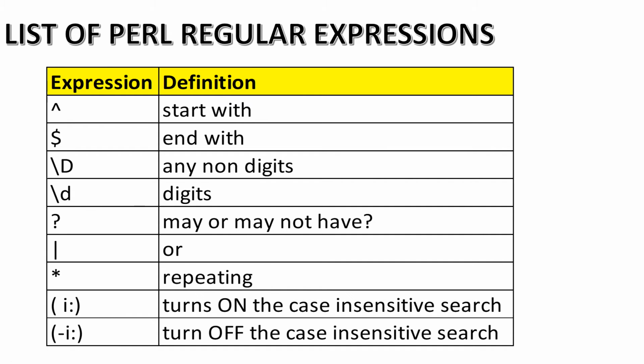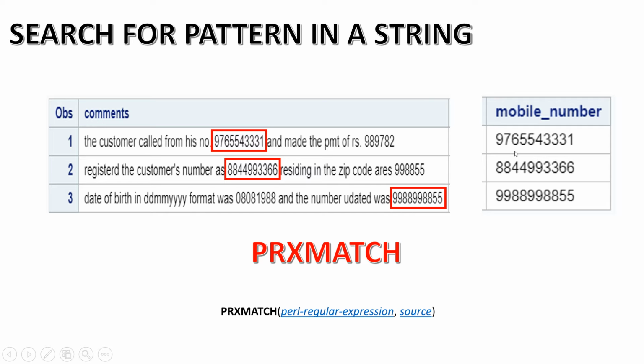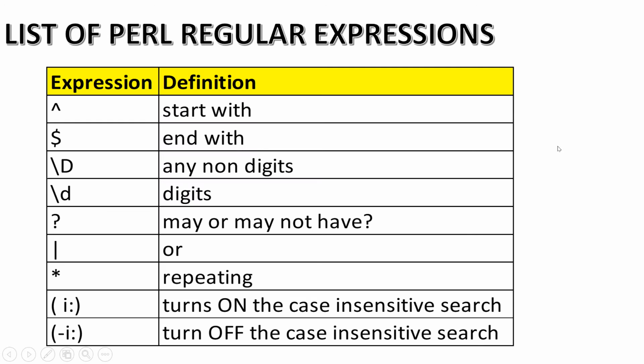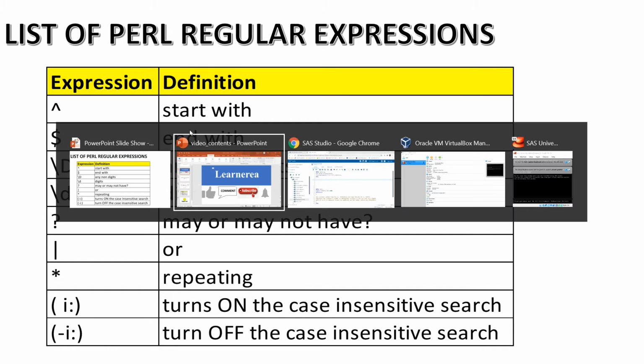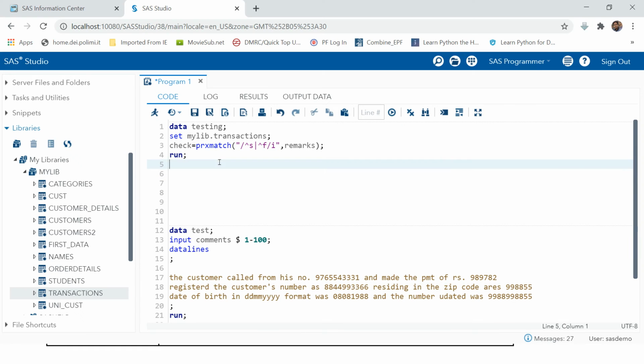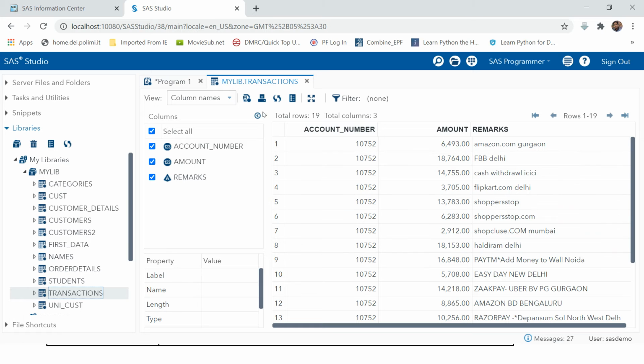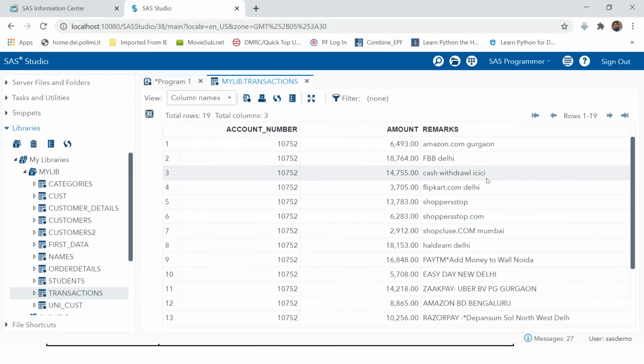Now let's go to the SAS and start with basics. All right, so I remember I showed you here how you can extract the mobile numbers, but we'll start with basics, how to use these things, and then we'll go and see how to extract the mobile numbers. So let's go to the SAS. And here is a SAS data, transactional data.